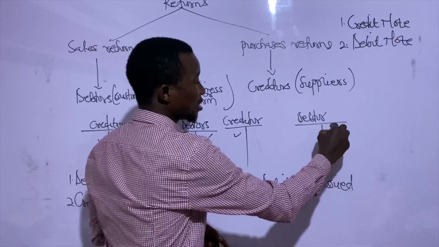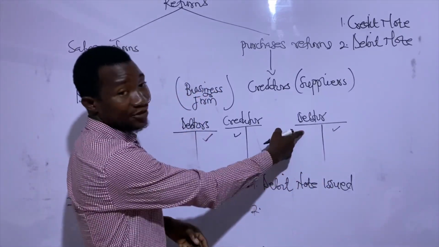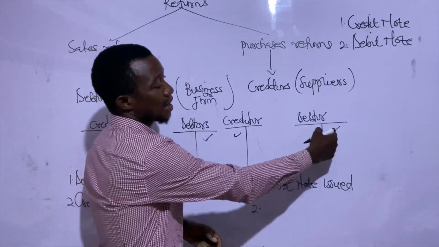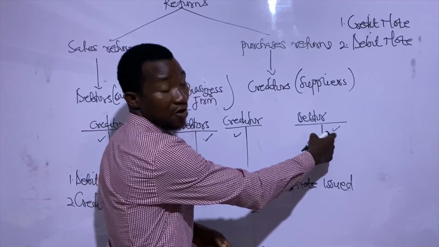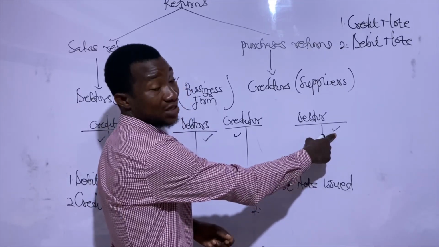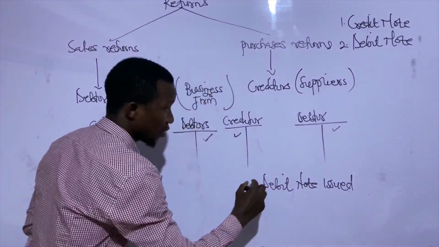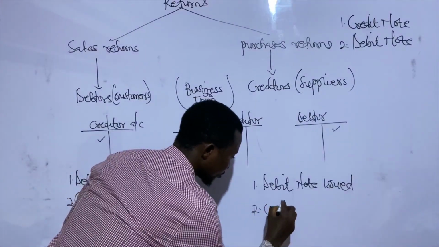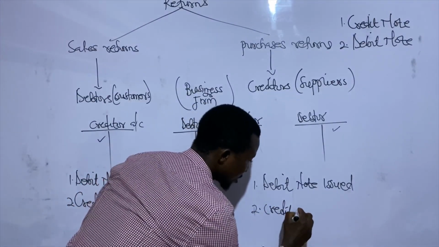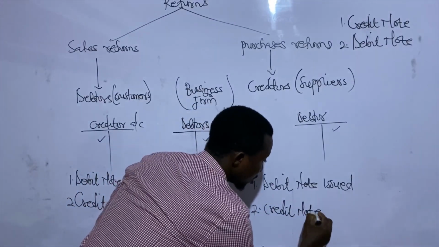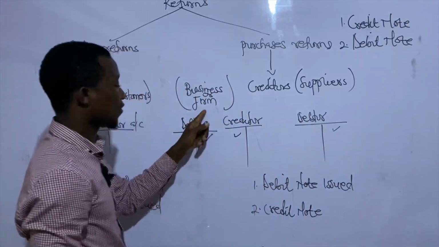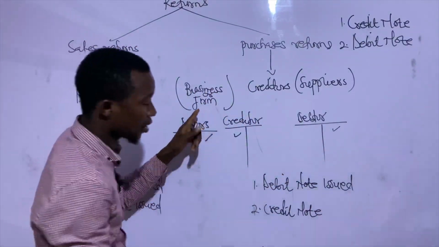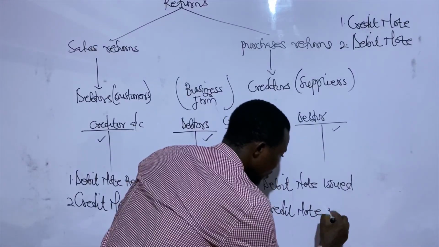So you will send a credit note because the debtor has a natural balance, indicating that his account has been reduced in respect of the product returned. A credit note. The credit note will be sent to the firm. So the firm will receive what we call a credit note. So credit note received.